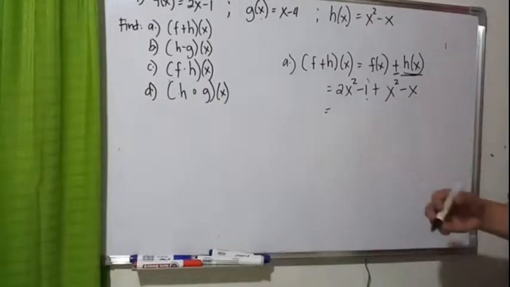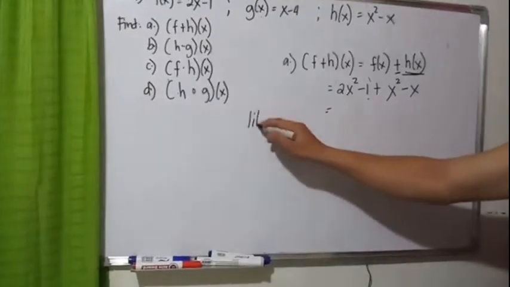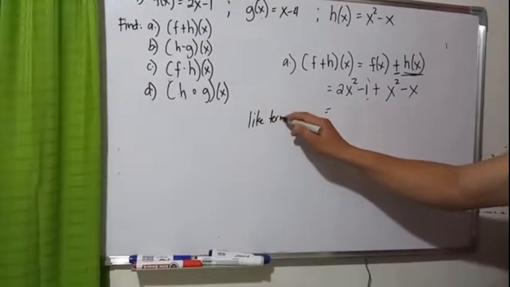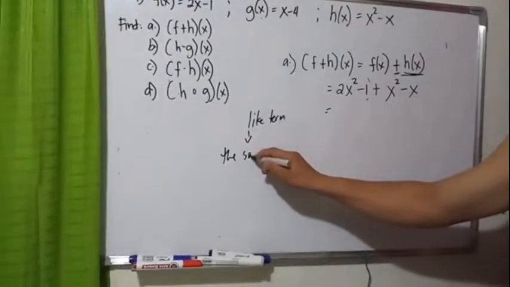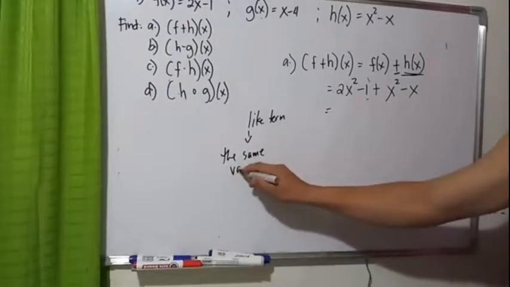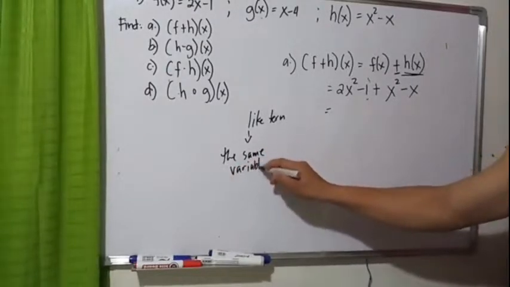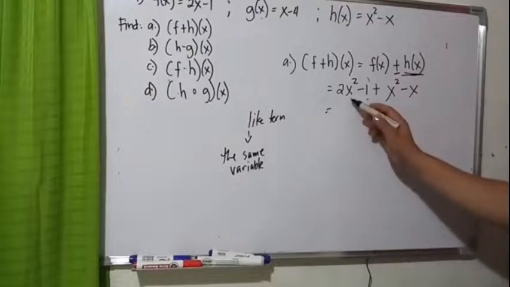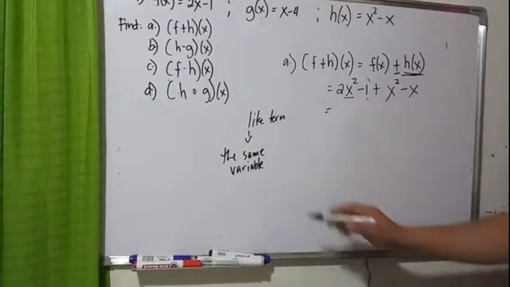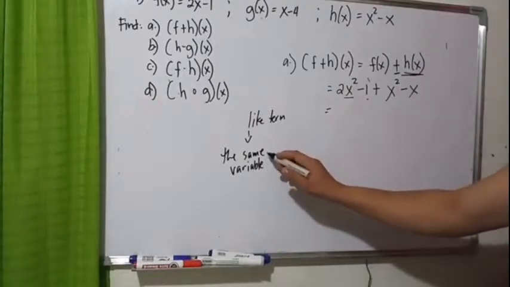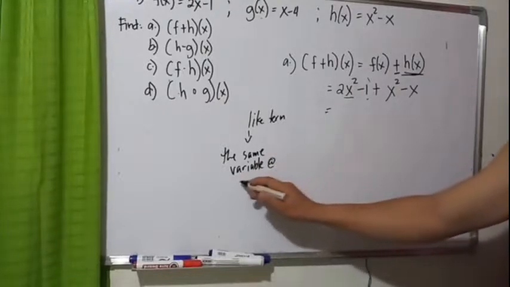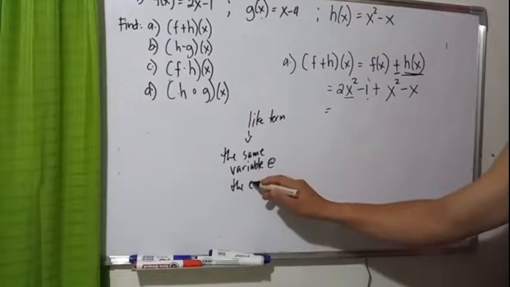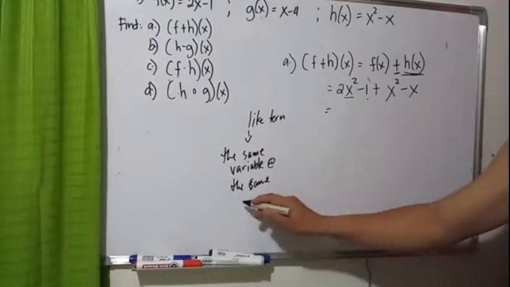Like terms, when we say like terms, the same variable. Ano ba yung variable, sir? Okay, ang variable, that is ito, yung x. So that is the same variable and the same exponent.